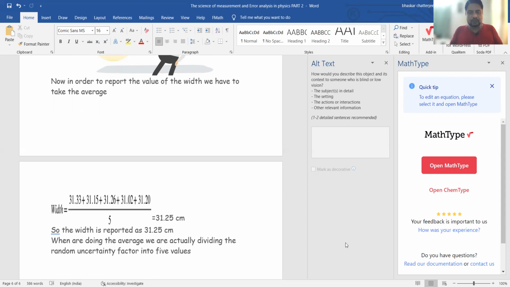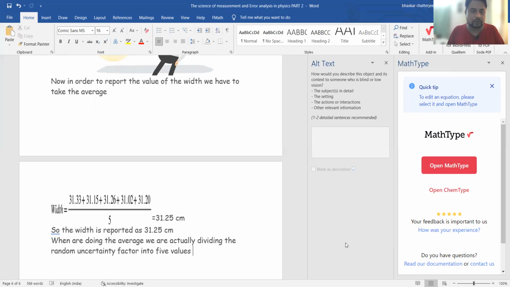So you are actually minimizing the uncertainties. This averaging process is one process to minimize the random errors. Suppose you are getting this average value 31.25 centimeter, as I explained above, this is the most expected value. It may not be the correct value.